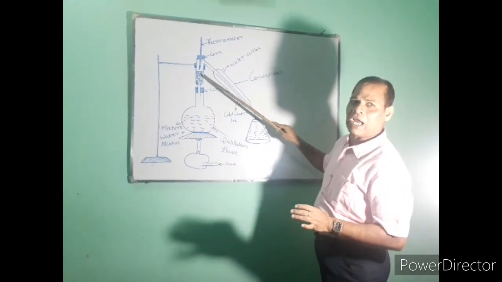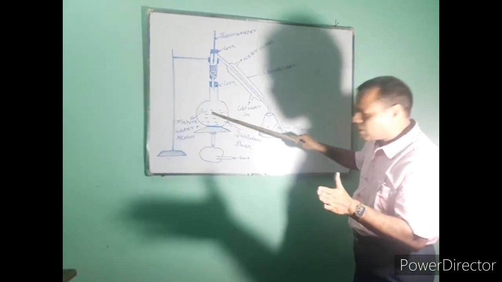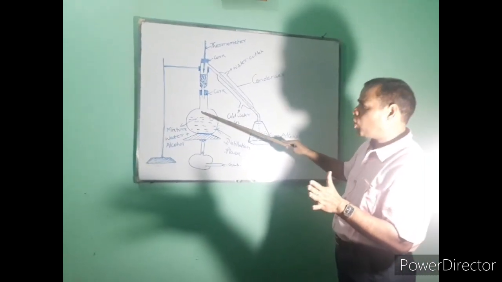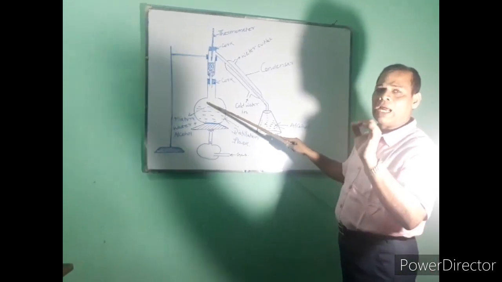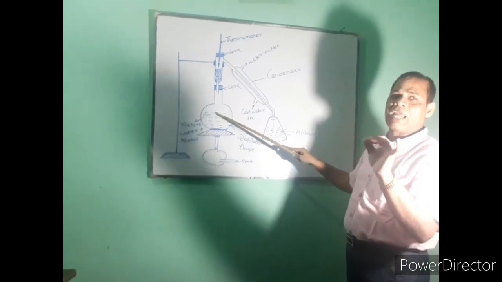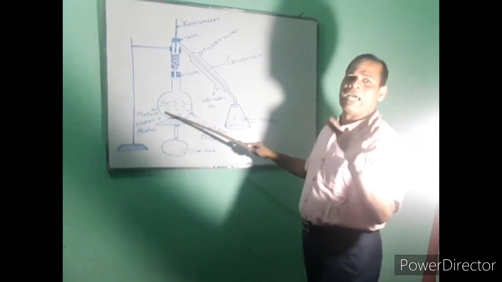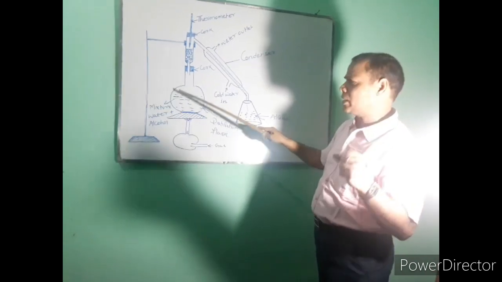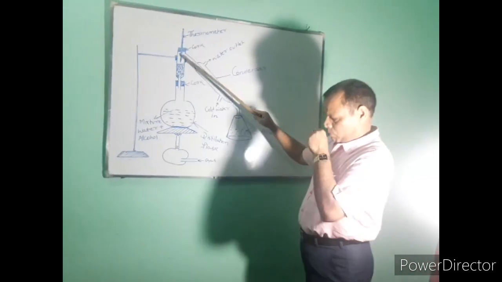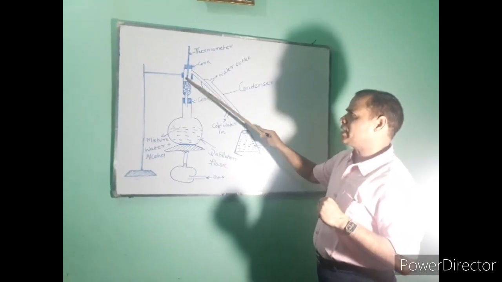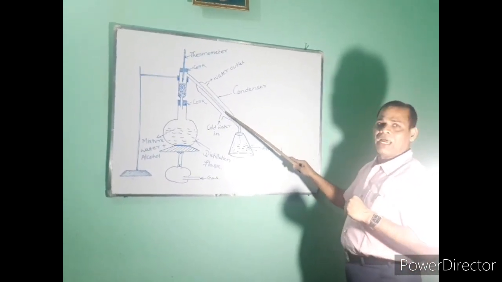As it rises up, due to less kinetic energy, it comes back. So only the ethyl alcohol at around 80 degrees Celsius has vapor with high kinetic energy, capable of moving up through the fractionating column, and it goes through the condenser.